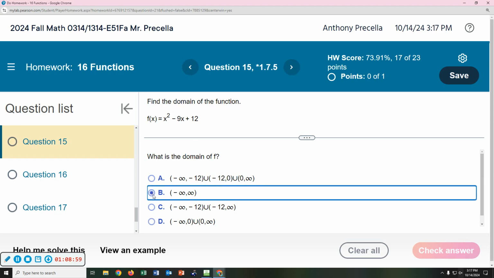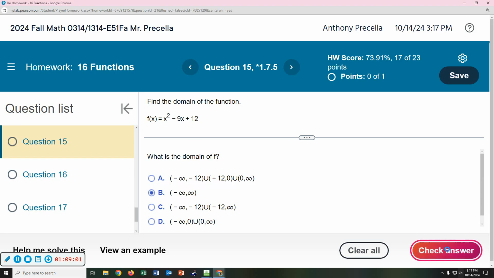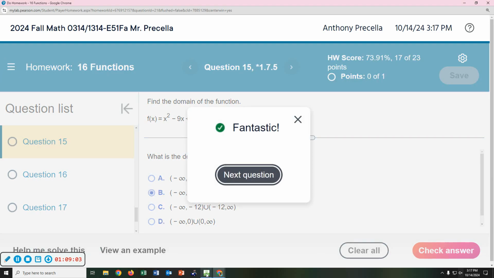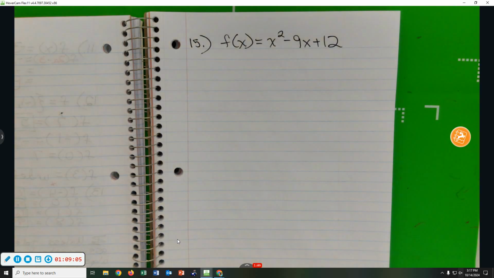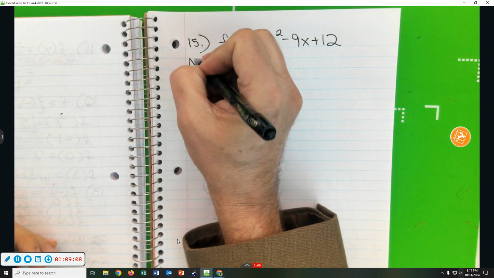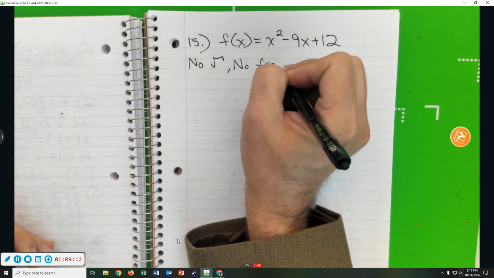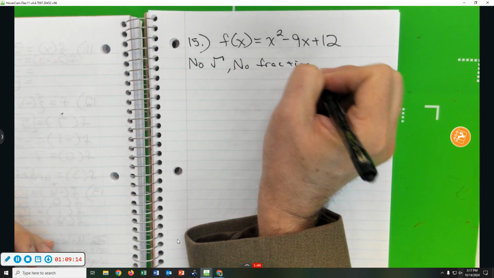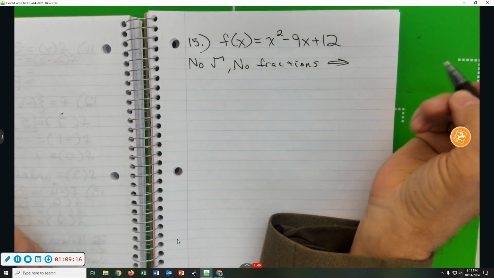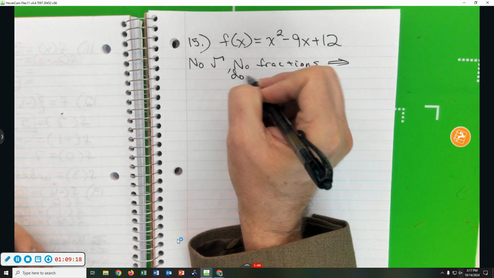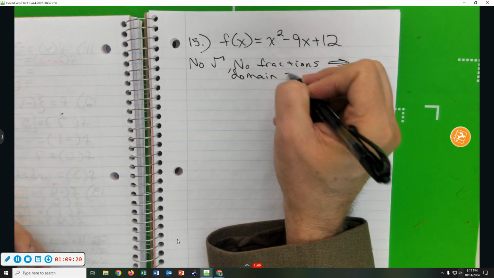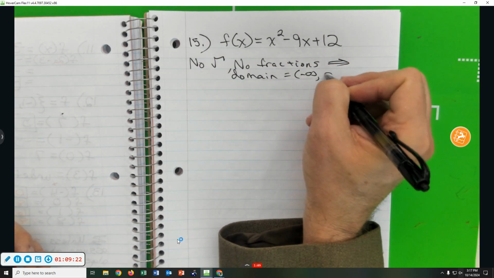All real numbers. Negative infinity to positive infinity. I'm going to write that out. No square roots, no fractions. So unless they tell you otherwise, assume the domain is all real numbers.